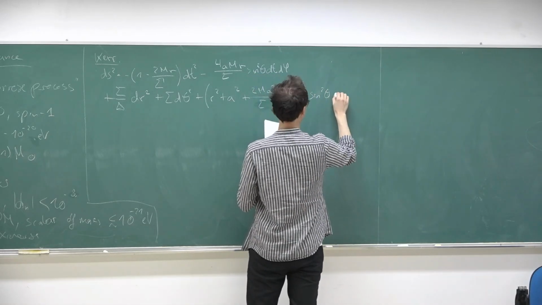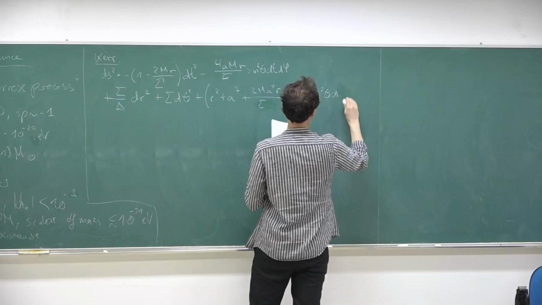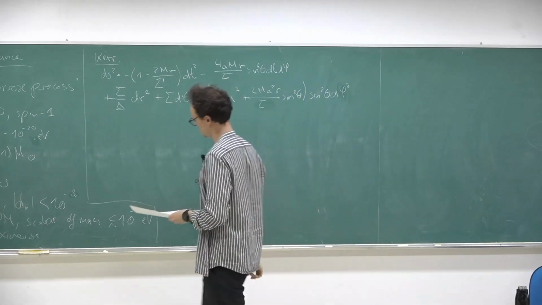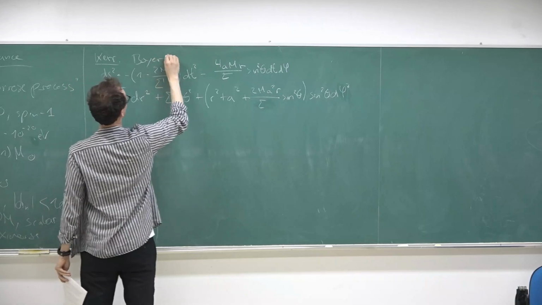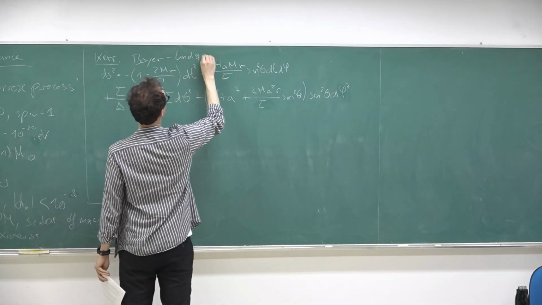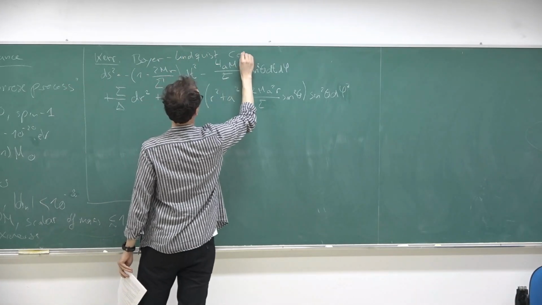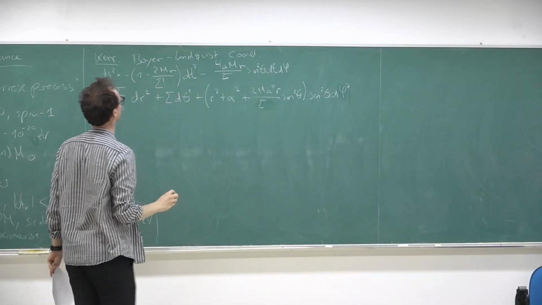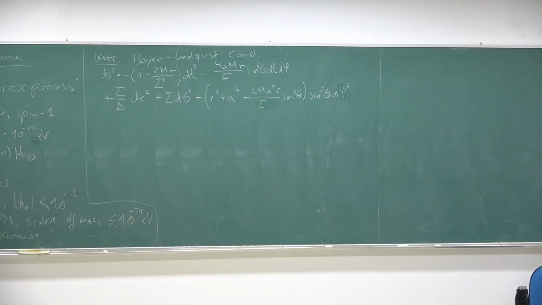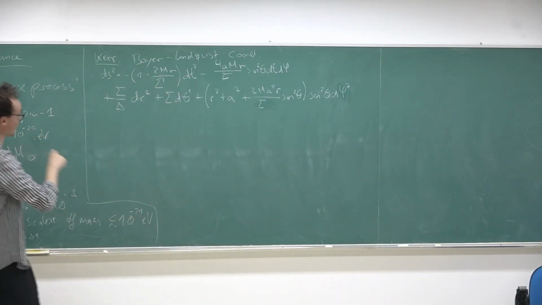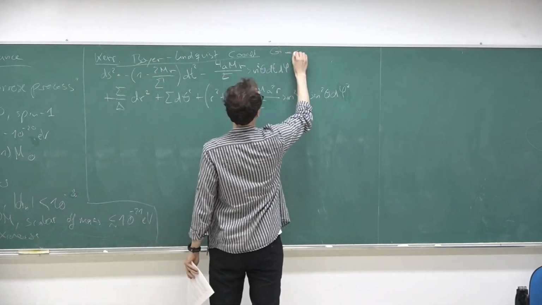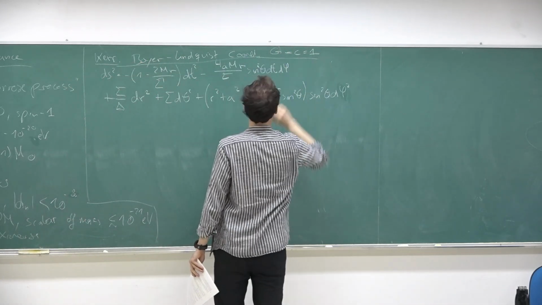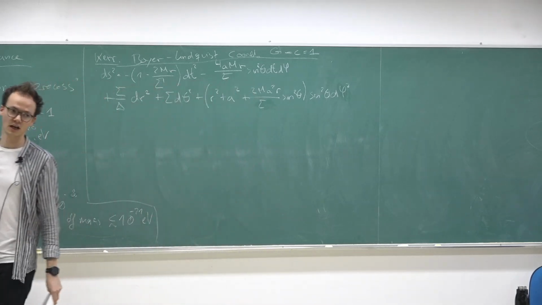Okay. So this is in Boyer-Lindquist coordinates. Here I set G equals 1, just in case you're missing G's and C's.